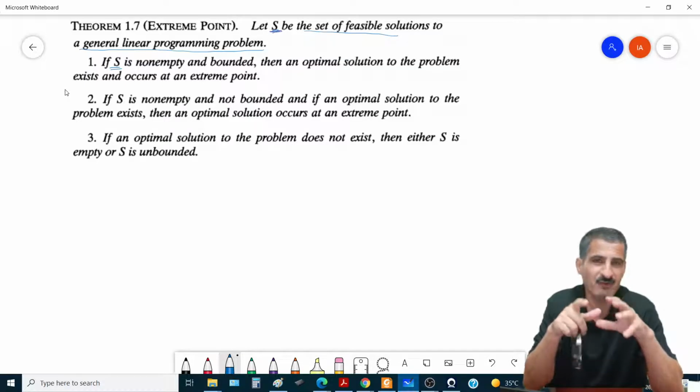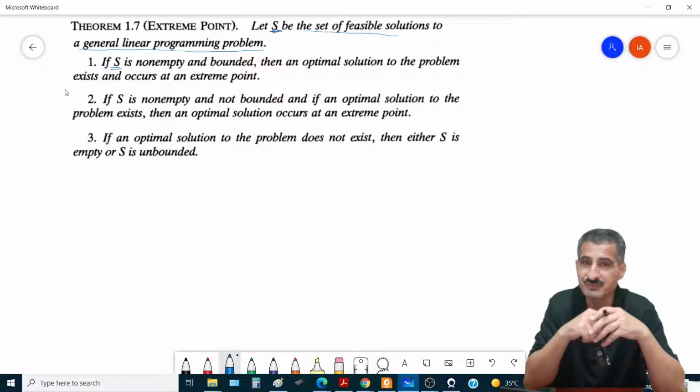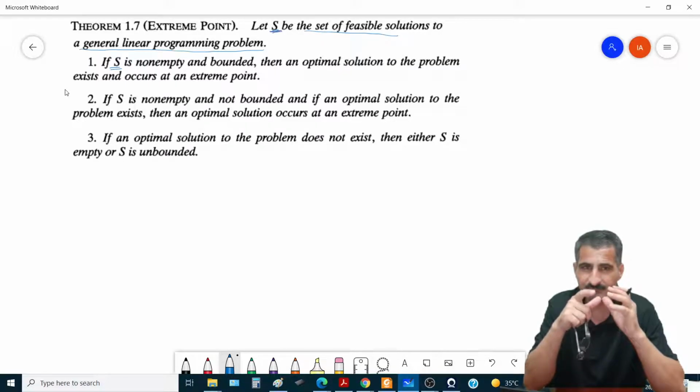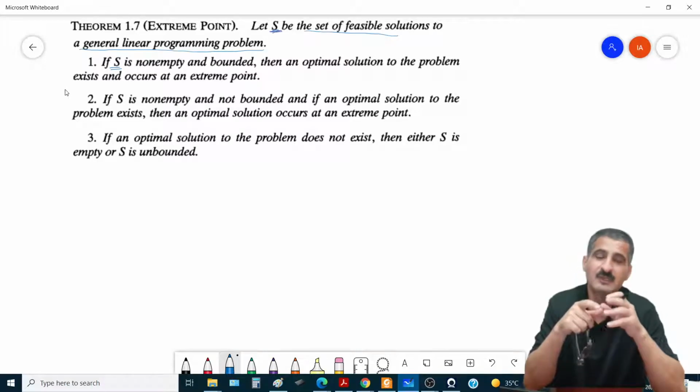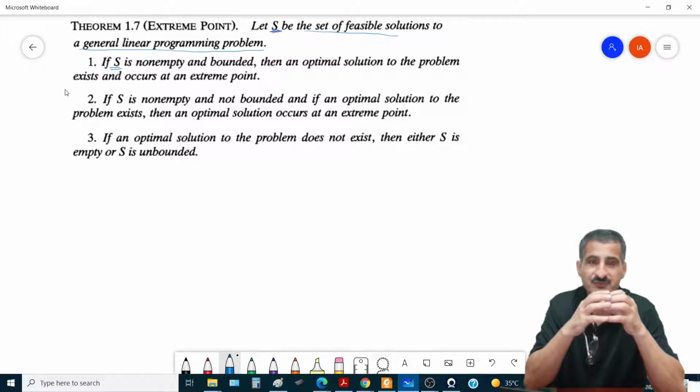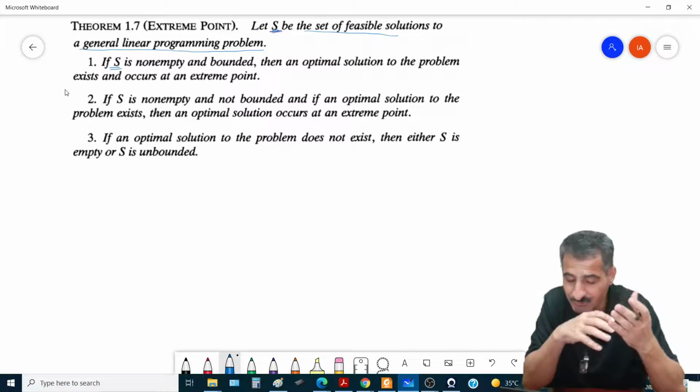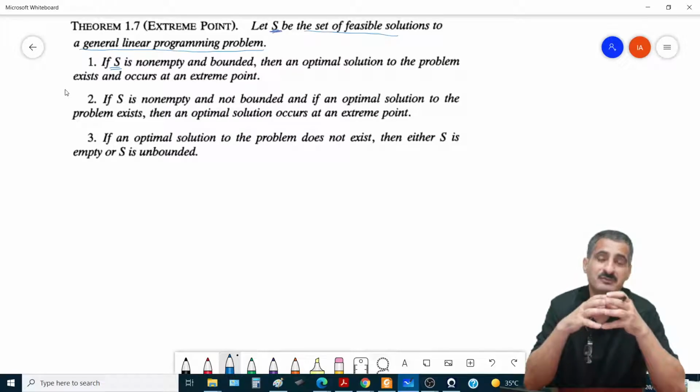So when we have a problem in general, before we start looking for a solution, we ask: does the problem have a solution? Does it have an optimal solution?